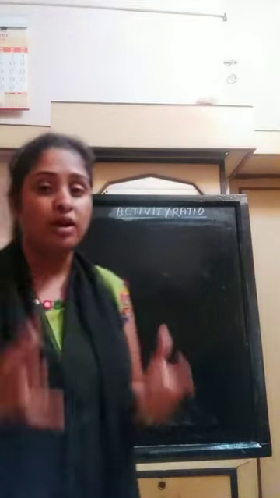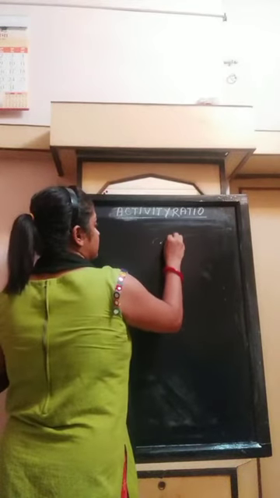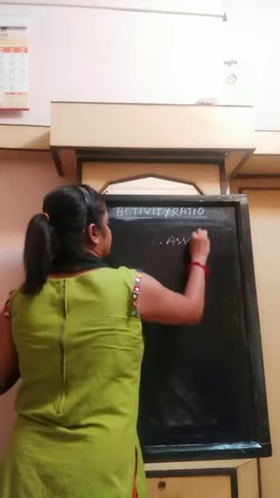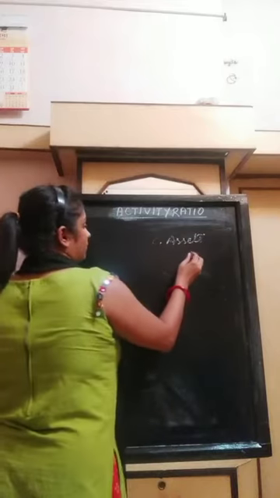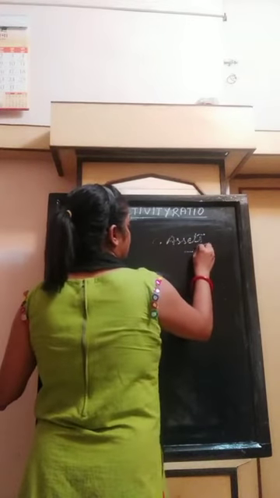This is also an important ratio of the activity ratio part, the working capital turnover ratio. As the name suggests, working capital. As you all know, working capital means current assets and current liabilities. So in the sums, some current assets and current liabilities will be given to you. Say the current assets are 2 lakh.